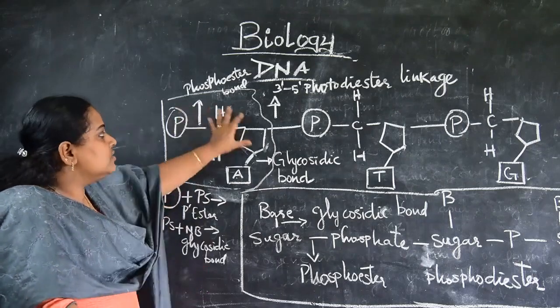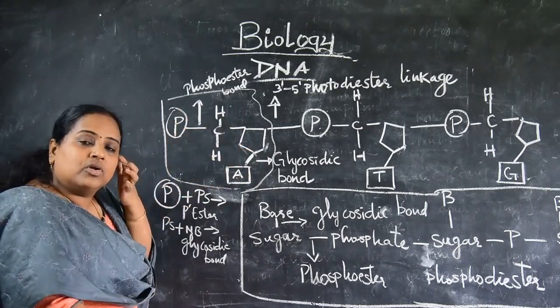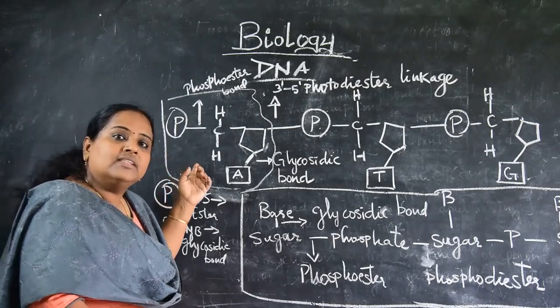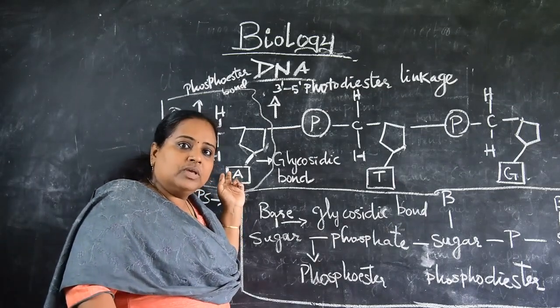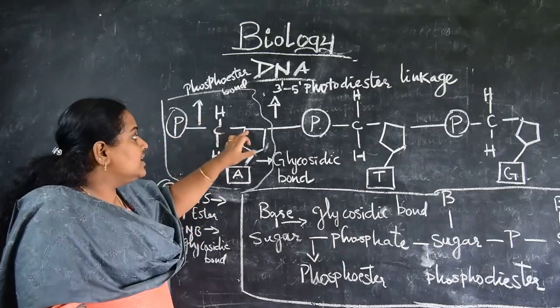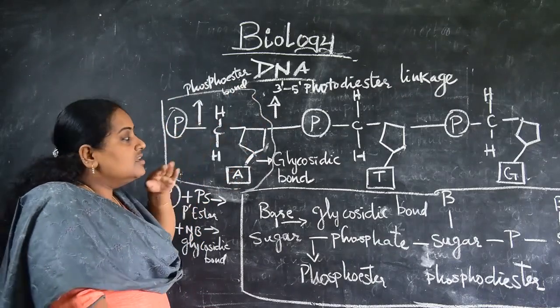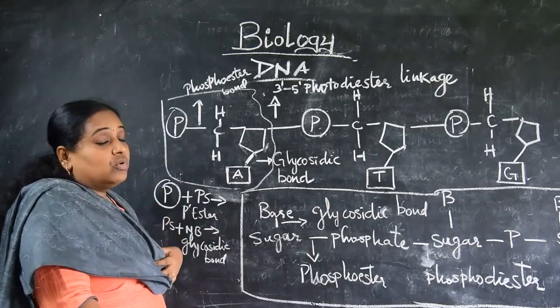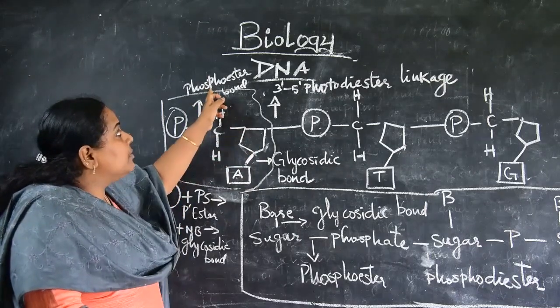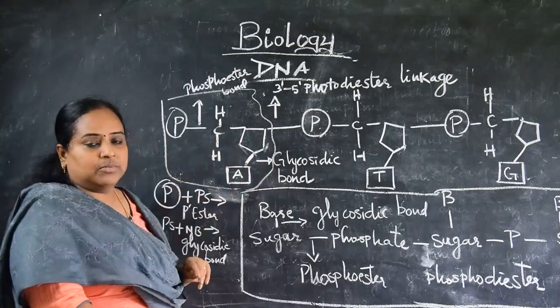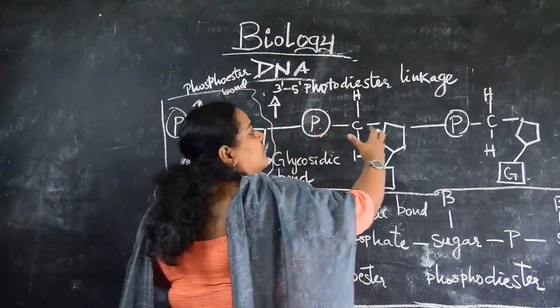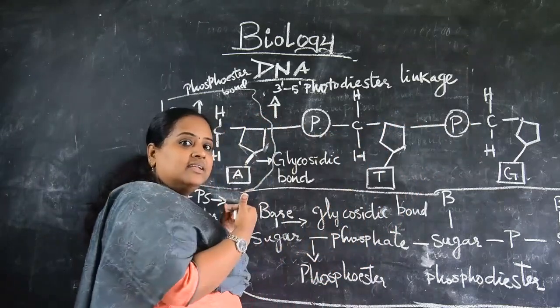So this is how one nucleotide is bonded. The three components of one nucleotide are bonded in this way only. So the three moieties in one nucleotide unit are bonded together by phosphoester bond and glycosidic bond. Now how are these different nucleotides, the monomers, linked together?